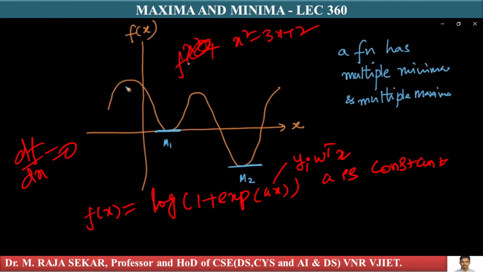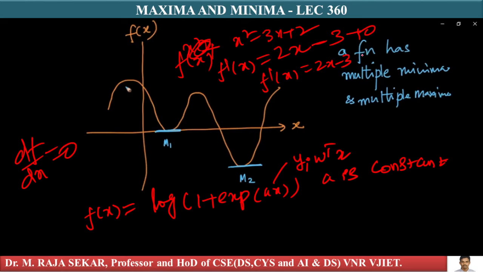Then f dash of x is 2x minus 3, since x square differentiates to 2x, 3x to 3, and the constant 2 to 0. Setting 2x minus 3 equal to 0, I get x equal to 3 by 2.